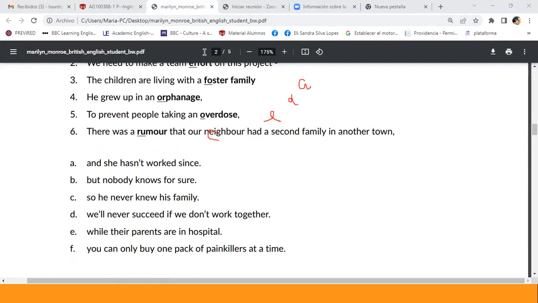Right. Good. Let's see the last one, Loreto.